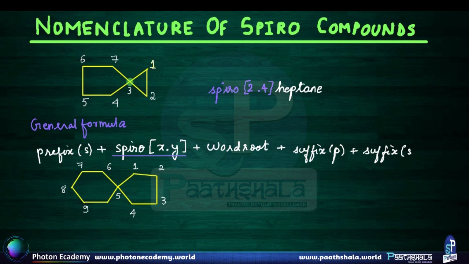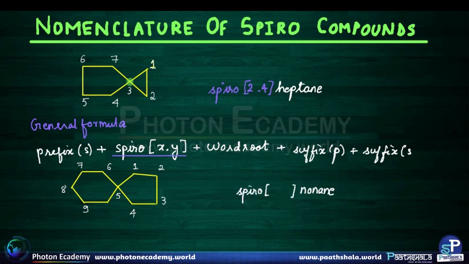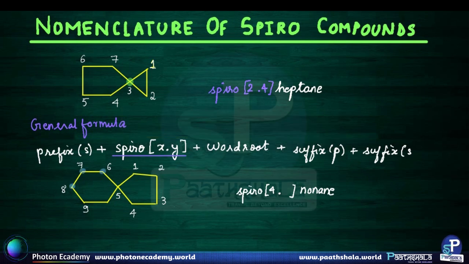So, the correct word root is nonane because there are 9 carbon atoms present, and for Spiro x dot y, x will be the number of carbon atoms present in the shorter path. There are 4 carbon atoms present over here, and in the longer path there are 5 carbon atoms, that is 1, 2, 3, 4 and 5. So, your y is 5, and this is the correct IUPAC name for this compound.